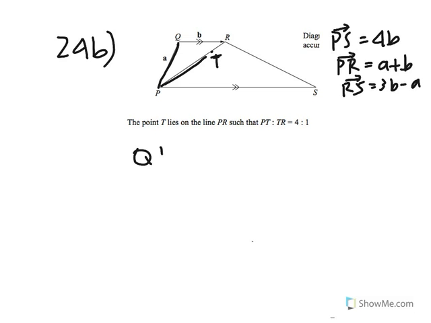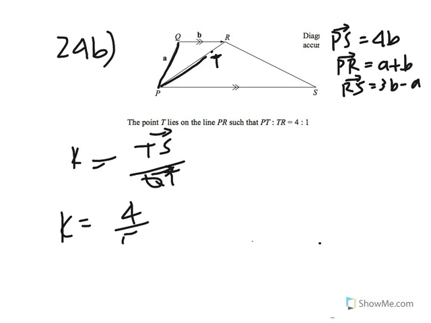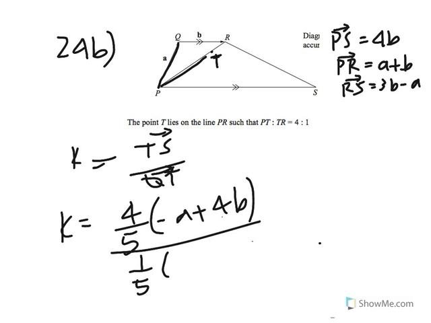So dividing TS by QT, you're going to get K is equal to 4 over 5 times (minus A plus 4B) over 1 over 5 times (minus A plus 4B).